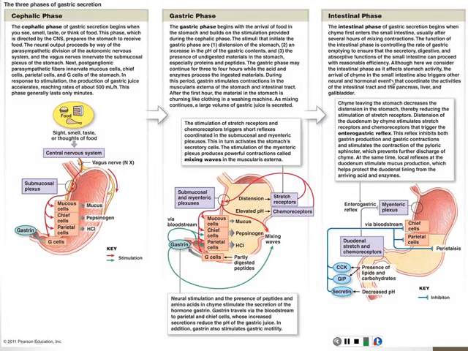All right? So the intestinal phase is controlled by the duodenum. So when the duodenum is ready to receive some chyme from the stomach, it sends a signal that causes the pyloric sphincter to relax and the stomach to contract. So a small amount of chyme comes out into the duodenum, and then that sphincter closes again. So it's a little bit at a time.